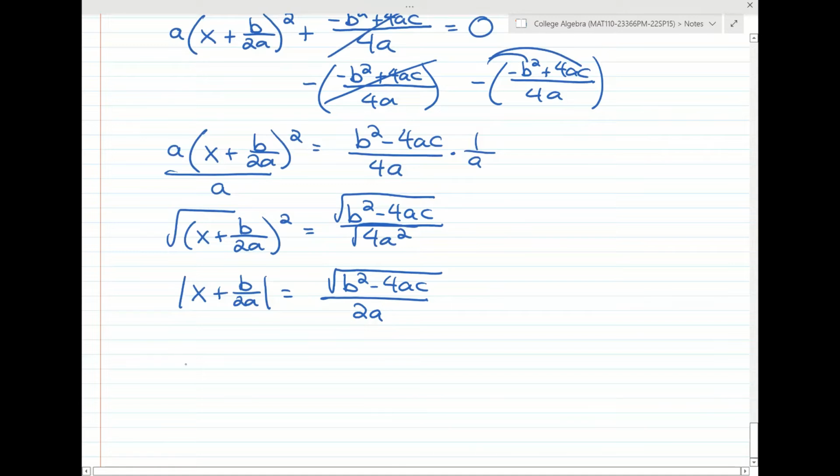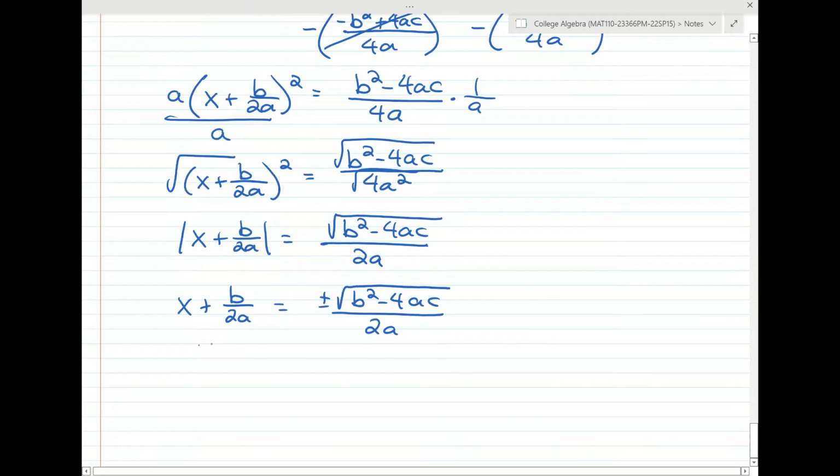Let's get rid of the absolute value by writing plus or minus over here. And then we'll just bring the b over 2a over.